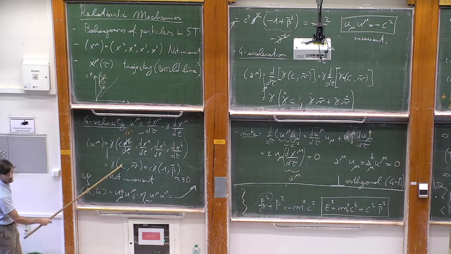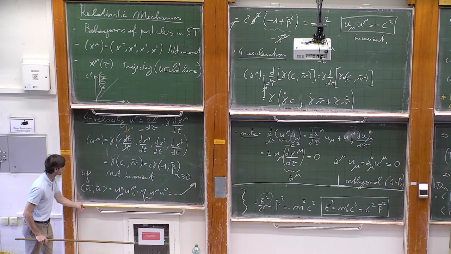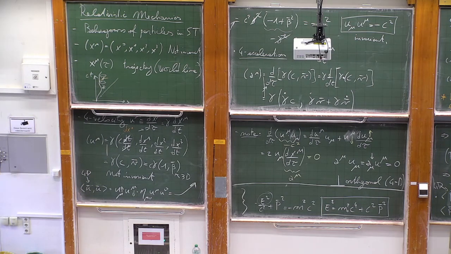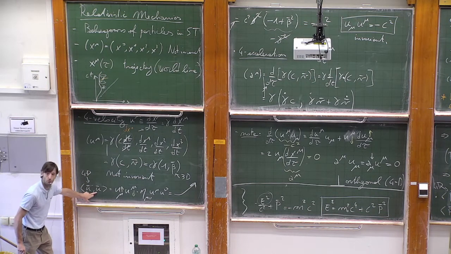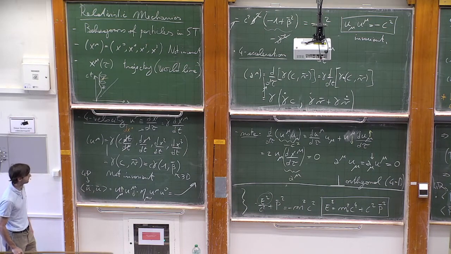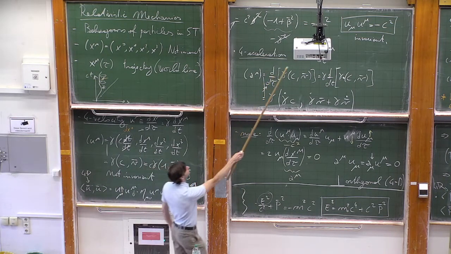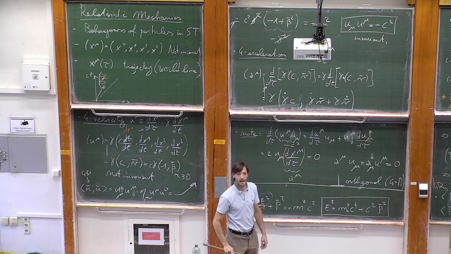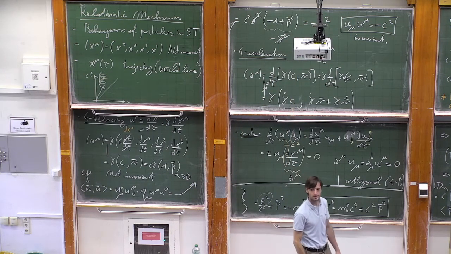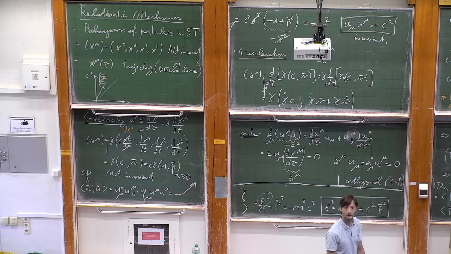Basically, the time component is strictly related to gamma, and therefore to the transformation between the particle and an observer not sitting with the particle, and it is not invariant. Then we applied the scalar product of U with U. We were looking at the norm of this vector, and we found out that it is invariant. No matter what the particle is doing, it's always equal to minus c squared.